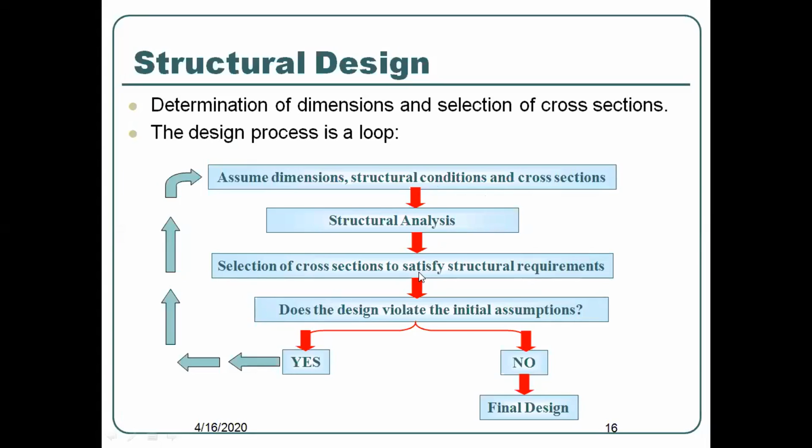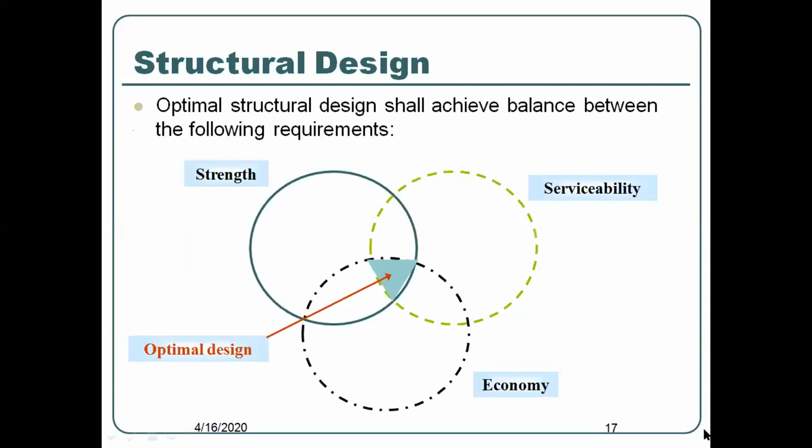If your assumptions are not proper, you have to redesign by assuming other sections. When your assumptions are good and your structural design is safe, you can approve it and it will be your final design. This is the structural design aspect, which includes strength, serviceability, along with economy. This is what an optimum design of a steel structure is.